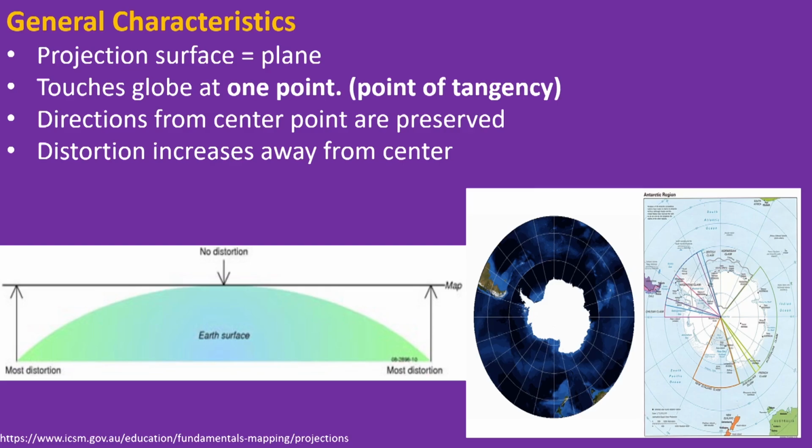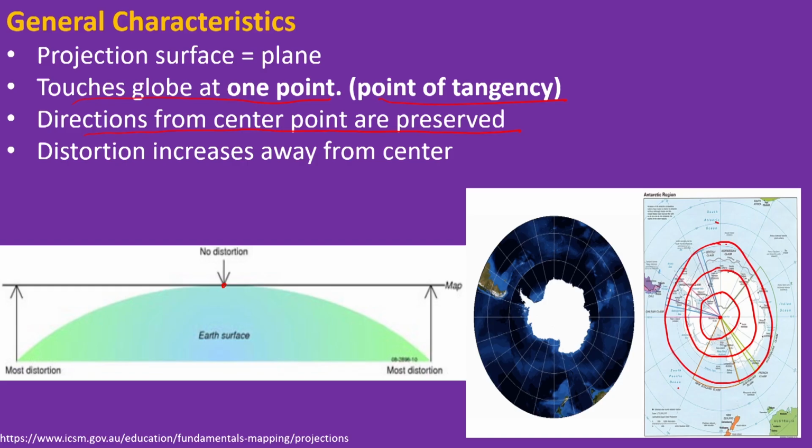When we talk about the general characteristics, it touches the globe at one point of tangency, as we just discussed. Directions from the center point are preserved. Assume that this is the point you have selected. From here the direction will be preserved close to the center point, whereas as you move away from the center point it may get distorted.